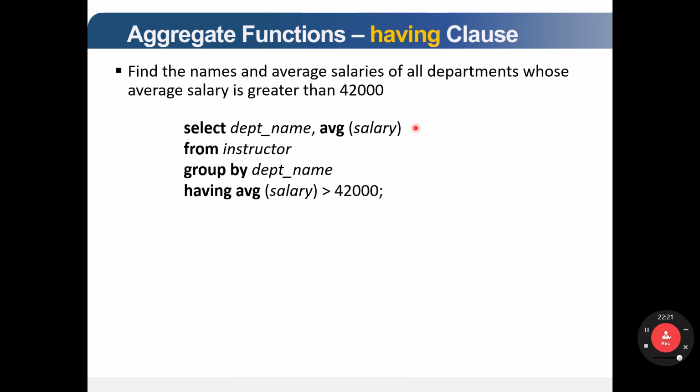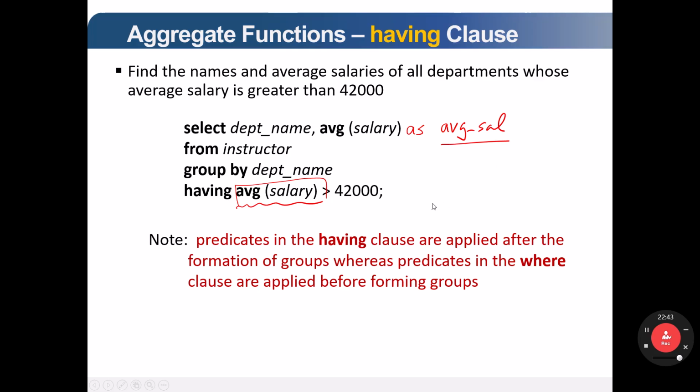And if you use the rename operator, then this renamed attribute name can be used in the having clause. You can replace the average function with this new name. So predicates in the having clause are applied after the formation of groups, whereas predicates in the where clause will be applied before we form groups.